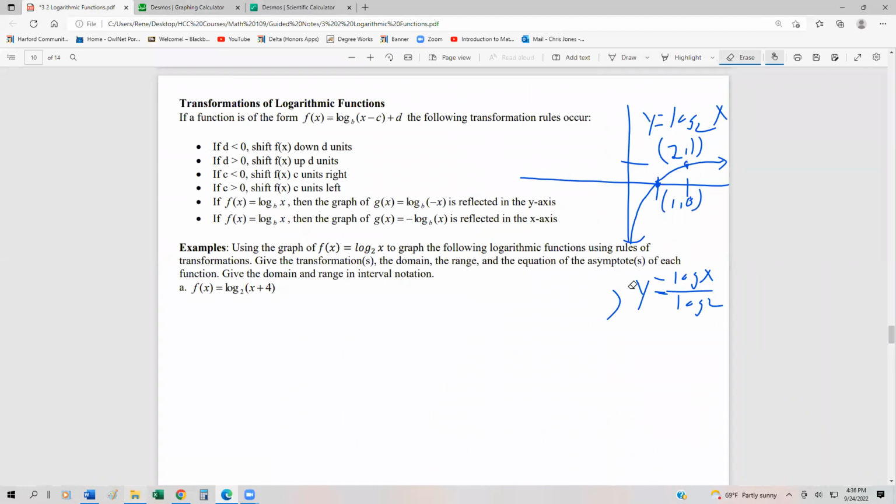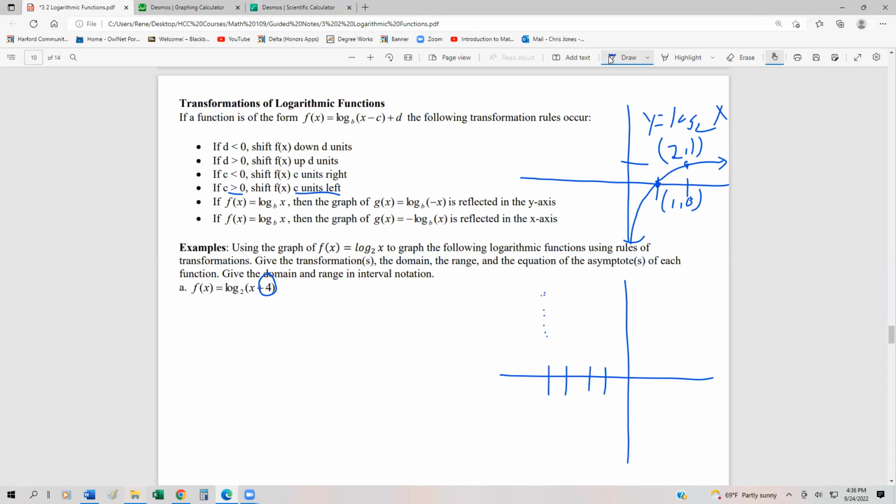Now, let's go ahead and use this to shift that graph around a little bit, and then we're going to check them with a calculator. So we have log base 2 of x plus 4. Now notice that the 4 is on the inside of the parentheses. And so if c is greater than 0, we're going to move c units to the left. So we're going to take that function and translate it 1, 2, 3, 4. Our asymptote is now going to be at x equals negative 4.